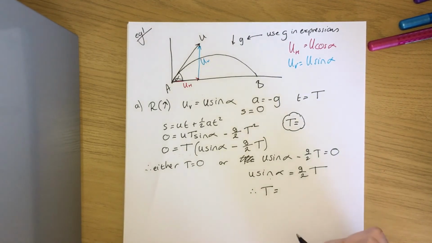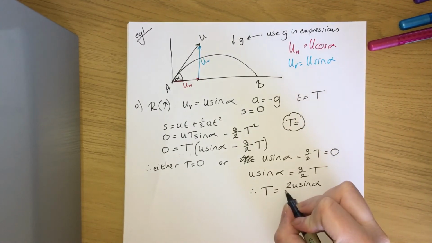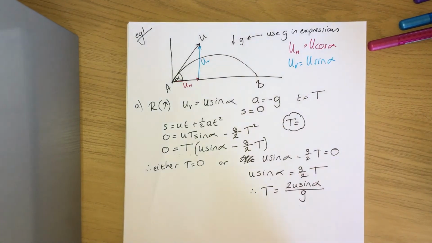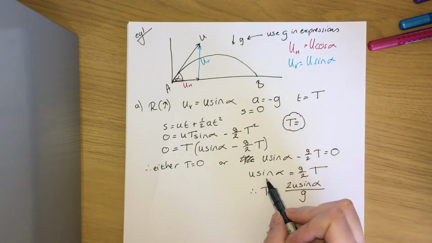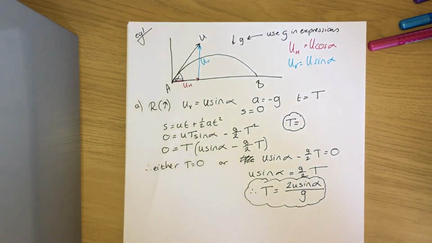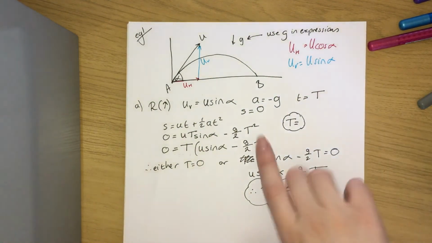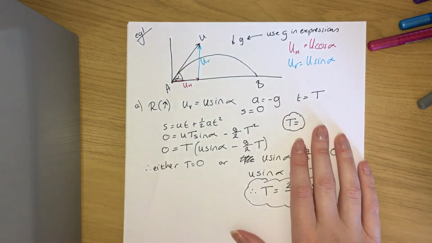Therefore, t will be equal to, multiplying by 2, 2u sine alpha over g, because I'd multiply by 2 and then divide by g. So this is our expression for t. It's not using anything that you don't really know. It's using your knowledge of rearranging equations with your knowledge of using SUVAT formulae to solve a problem like this.